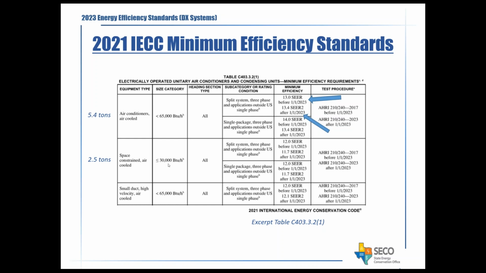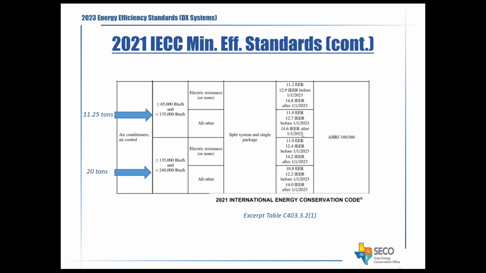Similarly, if you have something less than 2.5 tons, they were anticipating the changes that would impact the smaller units, and then you see different dates and minimum efficiency standards for those dates. When you go to larger units, basically anything over 5.4 tons up to 11.25 tons, you will see whether you've got electric resistance or all others.